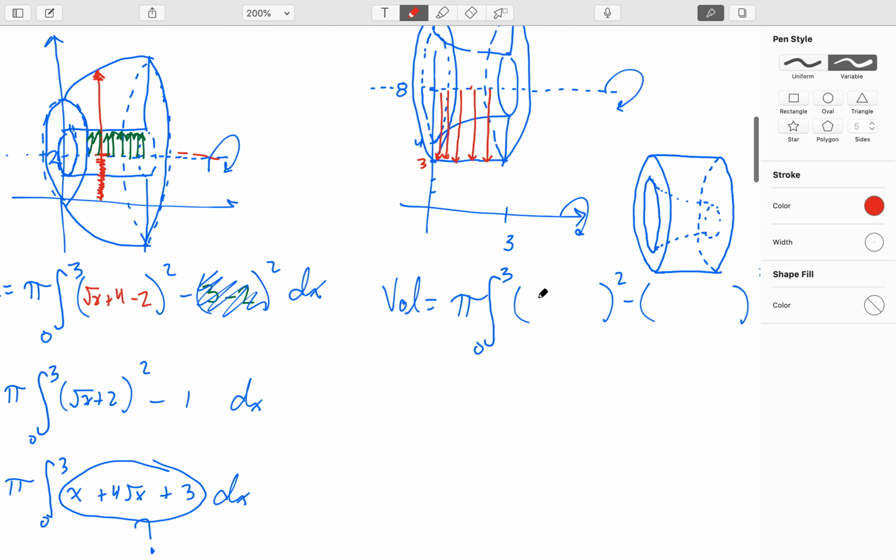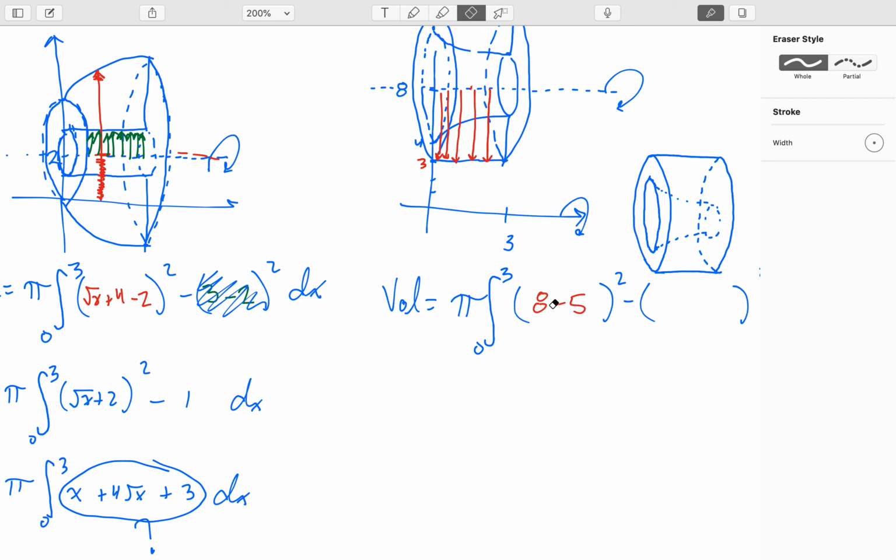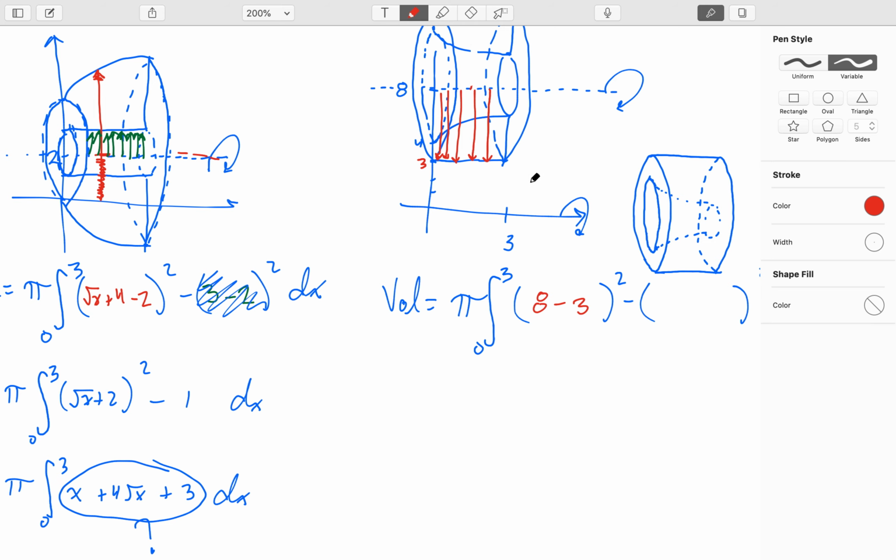Really, it means the full distance of 8 minus this distance of 3. That's how you understand adding and subtracting, right? 8 minus 3, which we know is going to be 5.